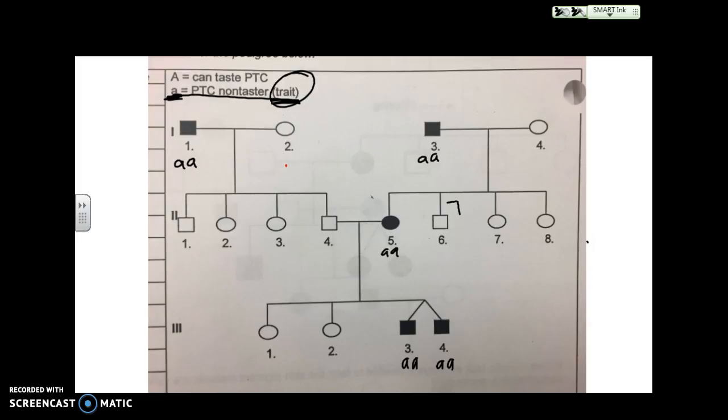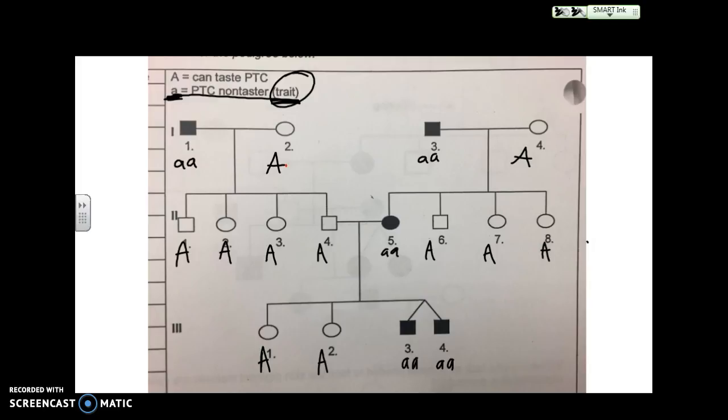All right, so then we're going to go through and label everybody else with at least one dominant allele. All right, so we can go through and do that. And then our third step is to go back and try to determine if the individuals are heterozygous or question mark.